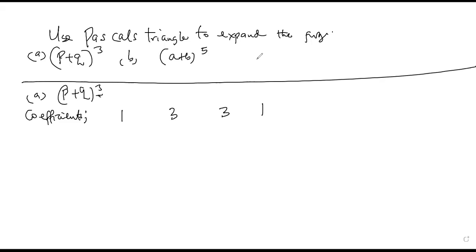So now, after getting these coefficients, you go to write the terms. You have the coefficients, but then we have terms. The terms, of course, we have p and q, but one keeps increasing as one keeps reducing. When you're expanding based on the terms, the first one begins with its highest power.